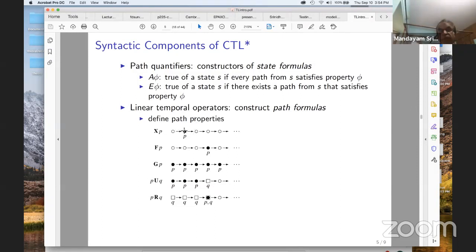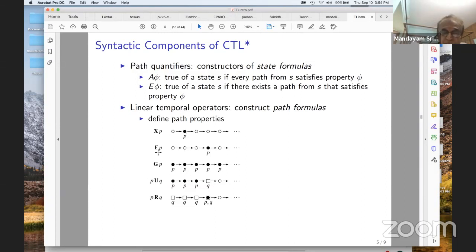Therefore, when you ask them if they are true, they are true of some paths. This is true of a path if P is true on the subpath starting from position 1.